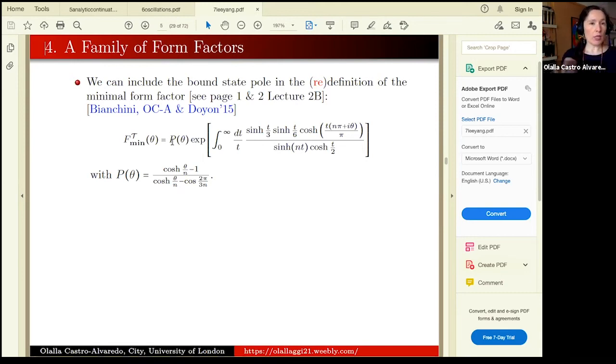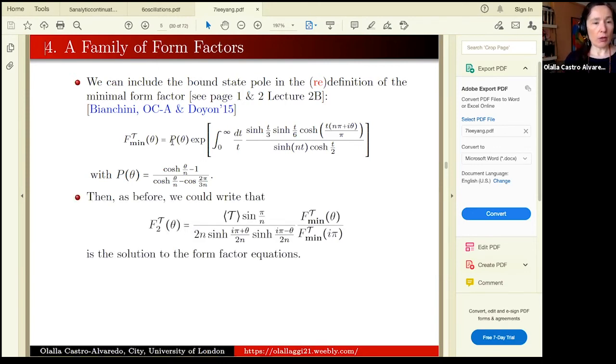This idea actually comes already from Smirnov, who studied this theory for the operators. For the twist field, it's almost the same. So you can think of this minimal solution to the two-particle form factor equation like this. And as I wrote last week, the form factor of the twist field should look something like that. It has the kinematic poles and it has the bound state pole hidden here.